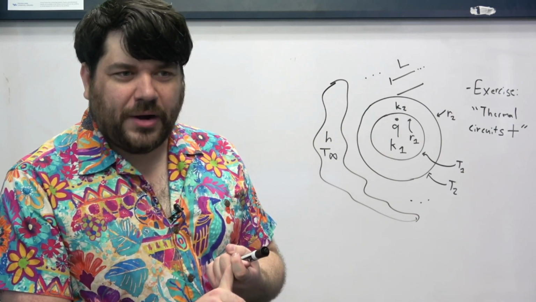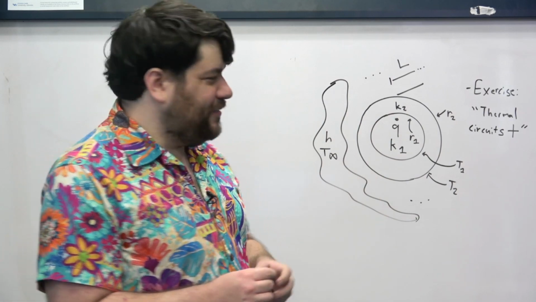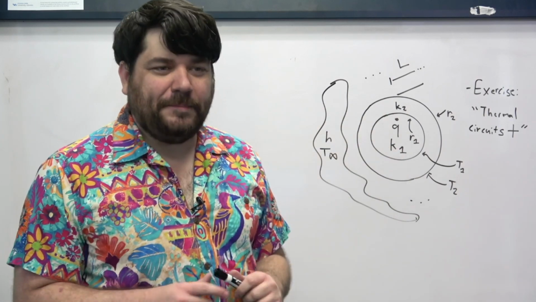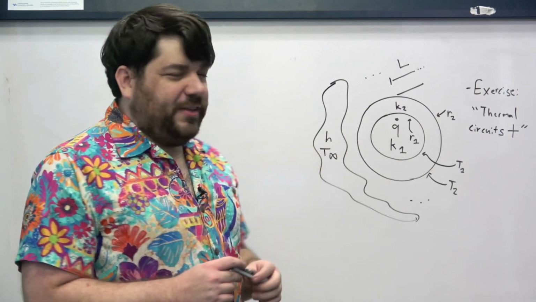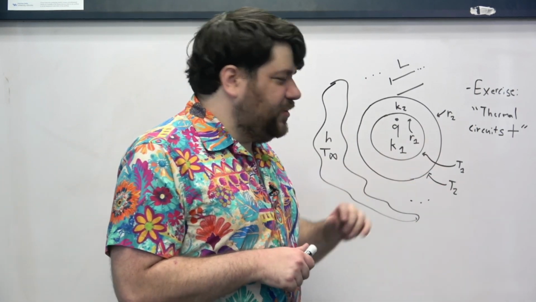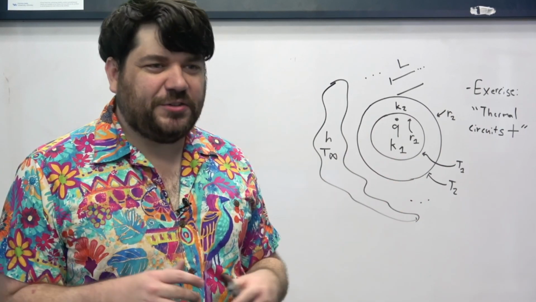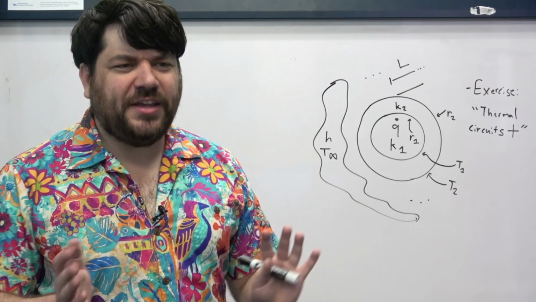Are all of the material properties constant? Well, they're just individual numbers, not expressed as functions, so great. Is the system in steady state? We don't see any changes in temperature over time. We assume that T1, T2, and T infinity, whatever they are, are just numbers. So we assume steady state for now.